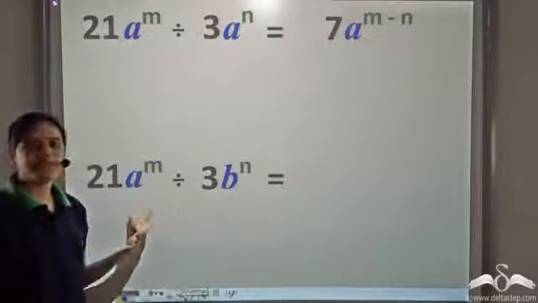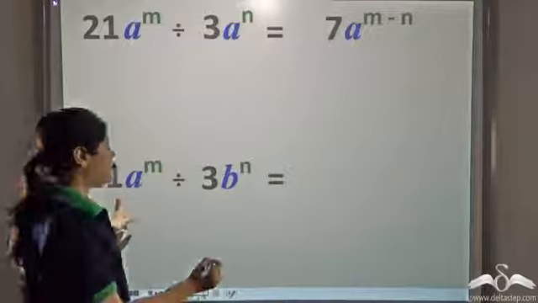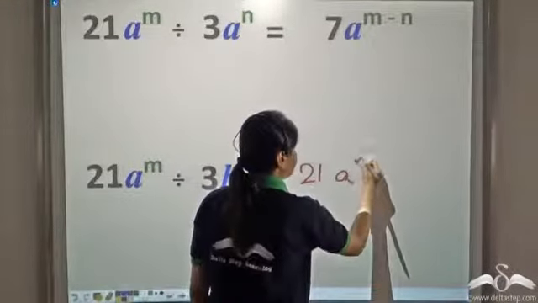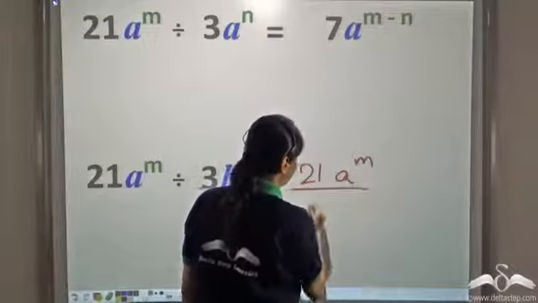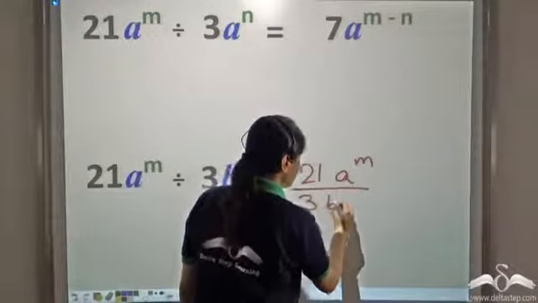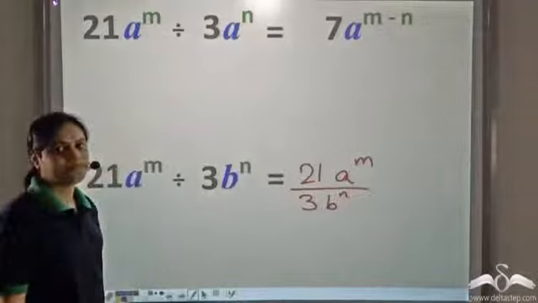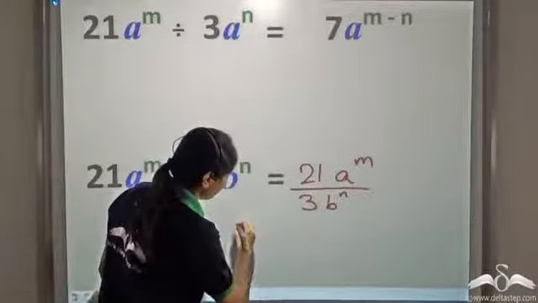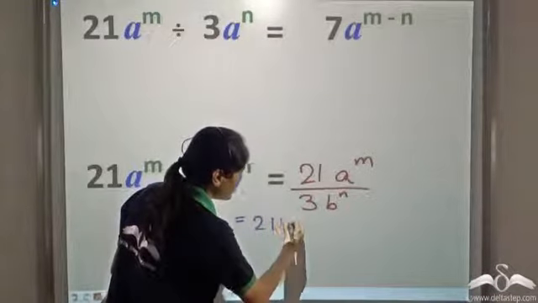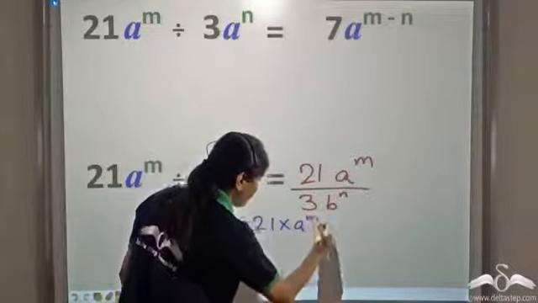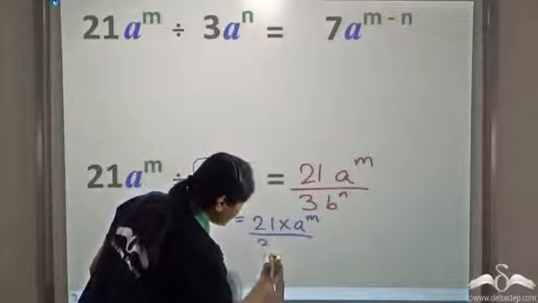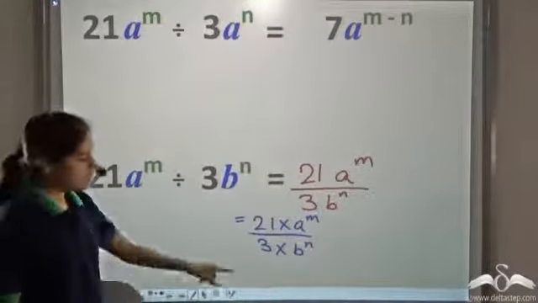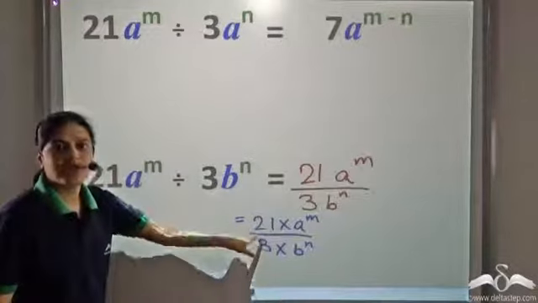Now what about this expression? Let us write it as 21a to the power m divided by 3b to the power n. This is equal to 21 into a to the power m divided by 3 into b to the power n. 21 by 3 is 7.